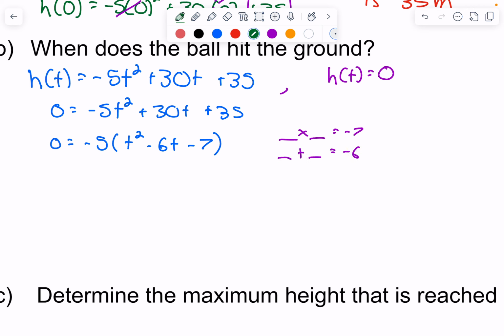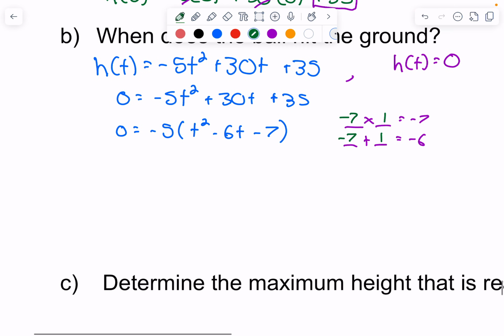That would be minus 7 and 1. This is a simple trinomial with an a value of 1, so we can quickly factor. It's 0 equals minus 5 times (t plus 1) times (t minus 7).